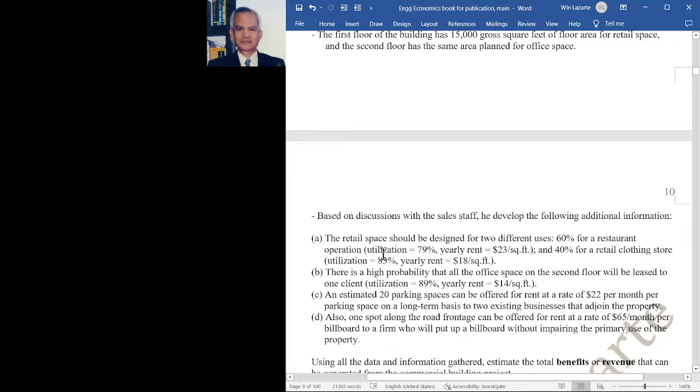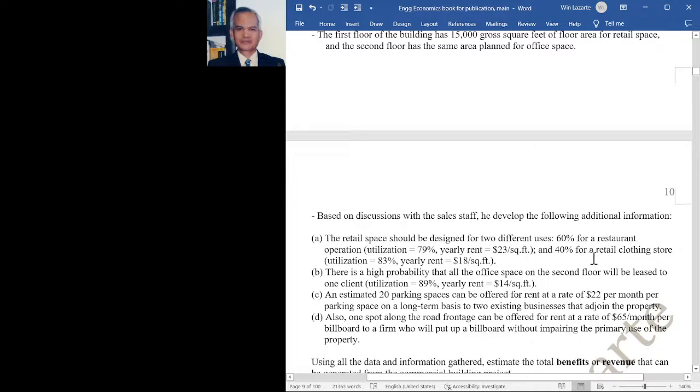Now, for the restaurant operation, its unit benefit factor is the yearly rent, which is $23 per square foot, and its number of units in square feet is the product of the 79% utilization, the 60% space allocation, and 15,000 square feet, the floor area of the first floor.